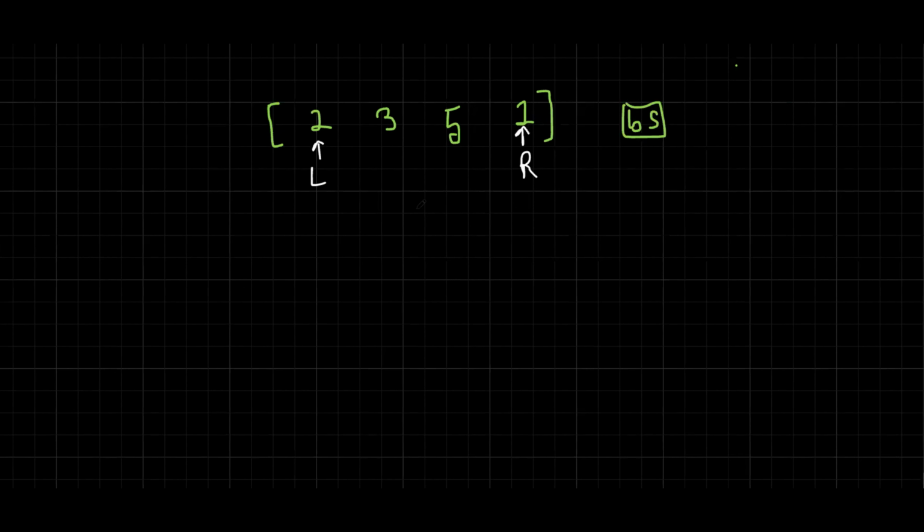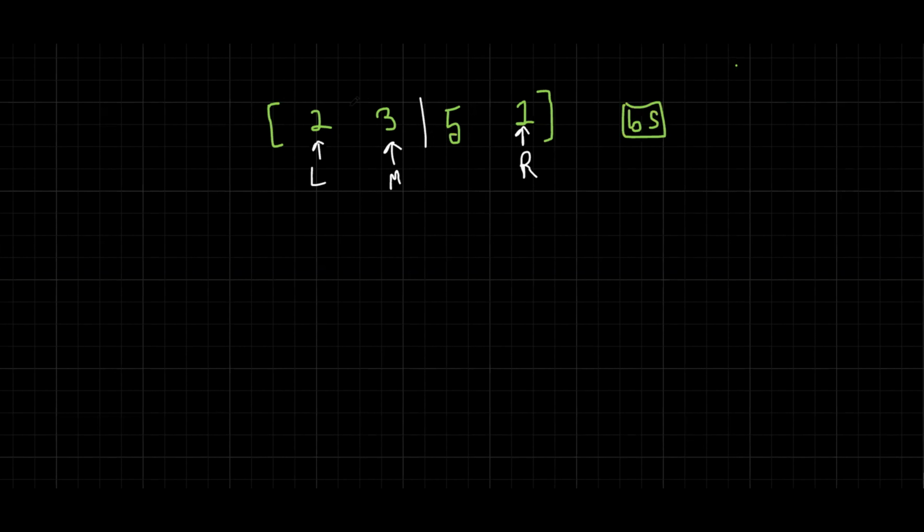Now, suppose we have to calculate the mid value. Here, the mid value is this. Now, by considering the mid value, in the next iteration, we can either look at the right subpart or we can look at the left subpart.